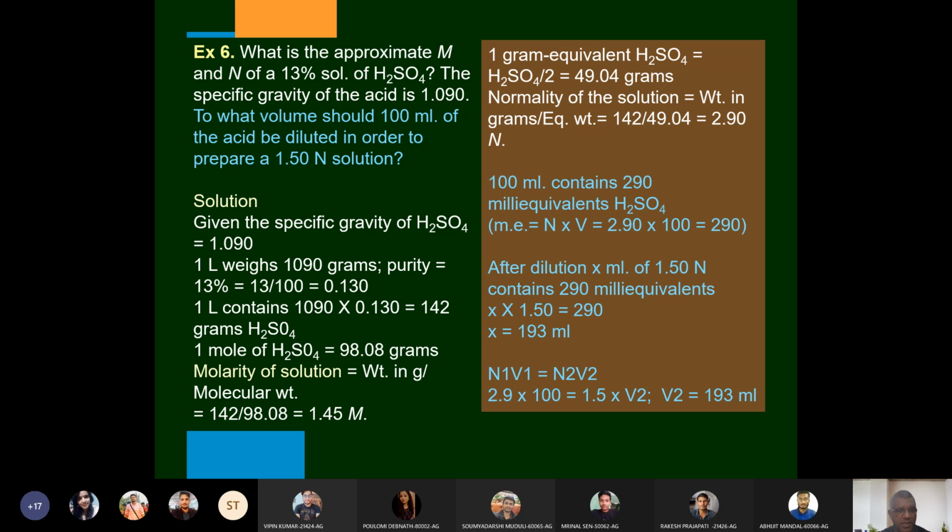Or otherwise you can simply use N1 V1 is equal to N2 V2. Normality is 2.9, already given to you. Volume is 100 ml, is equal to 1.5 into V2. You want to prepare a solution of 1.5 normality and you don't know the volume. So V2 is equal to 193 ml. This is how you can do this kind of problem. For more problems, you can see the book. I will send you that book.